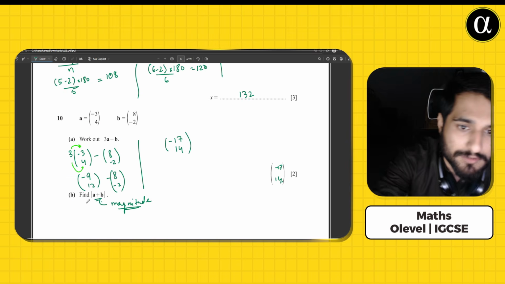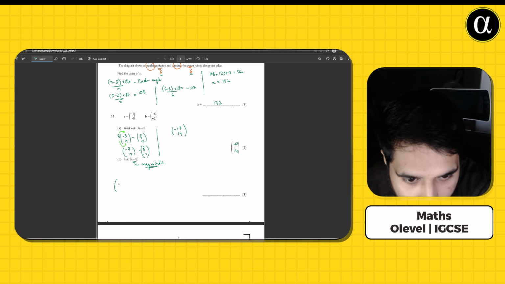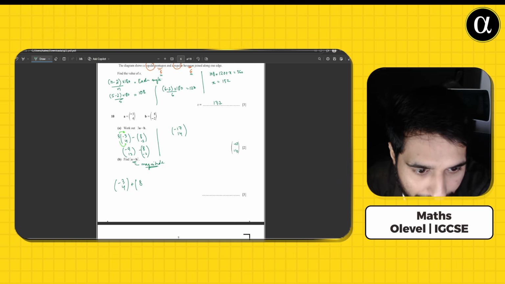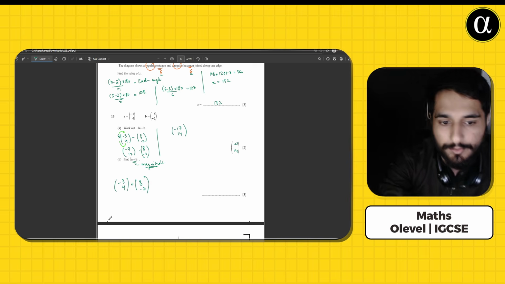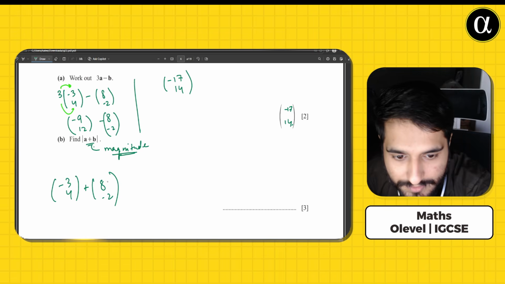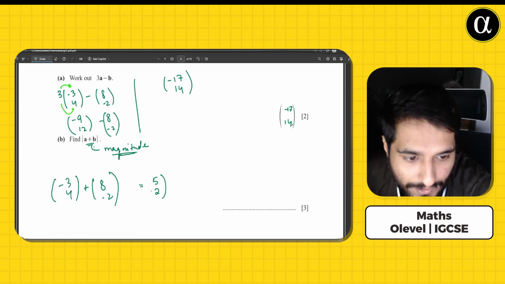A was (minus 3, 4) plus b, which was (8, minus 2). Adding these, minus 3 plus 8 gives us 5, and 4 minus 2 gives us 2, and then we are supposed to find its magnitude.